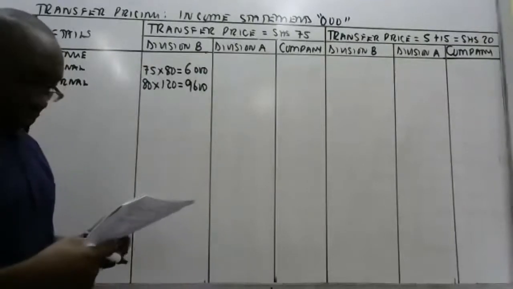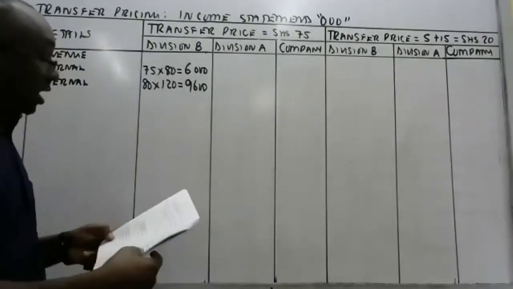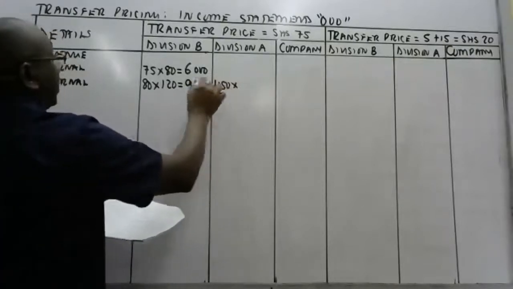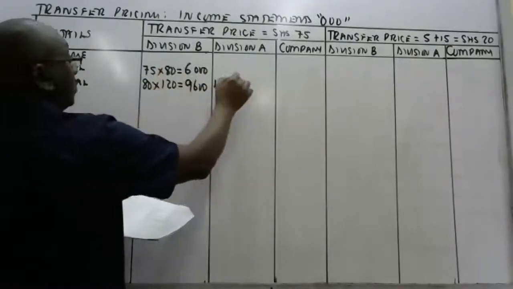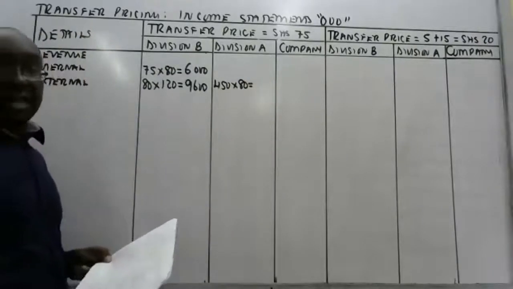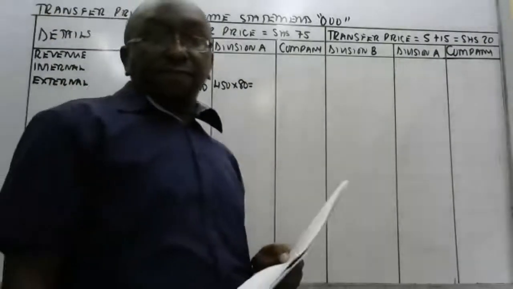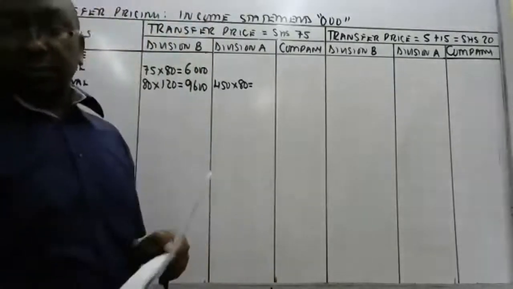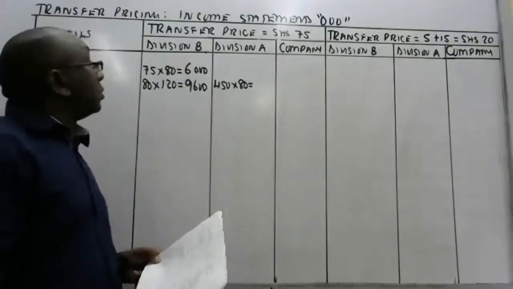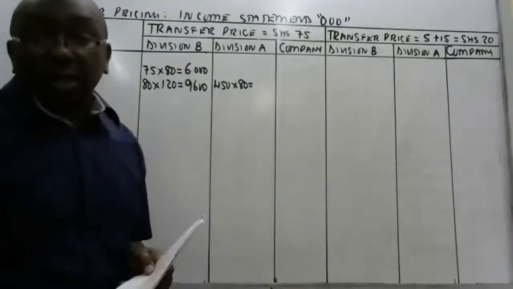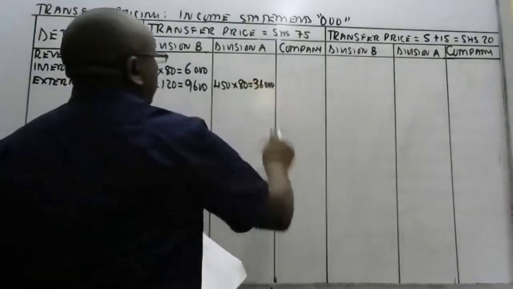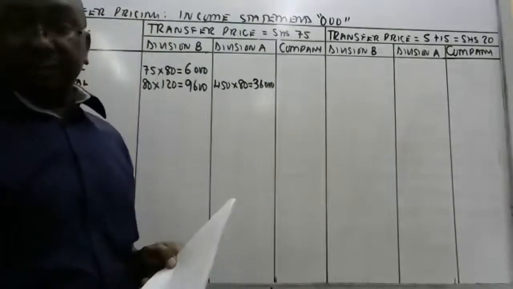And for the external sales, looking at the selling price of A, it is 450. And they are selling these 80 units. 450 times 80. That is 36,000. Good.